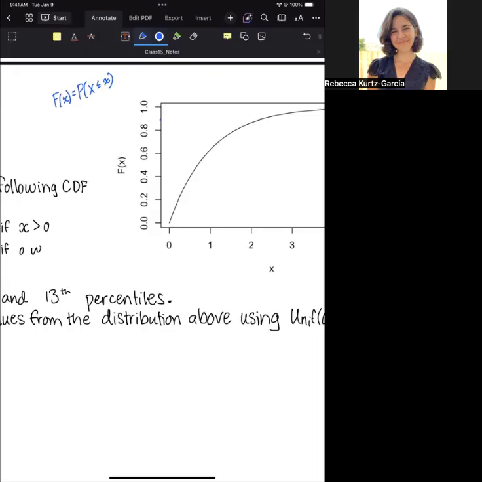So we're looking at 0.88. The input of this function that corresponds to 0.88 gives us the percentile value. So this is 0.88 approximately, and it's somewhere over here, and we can find what x value got us there.